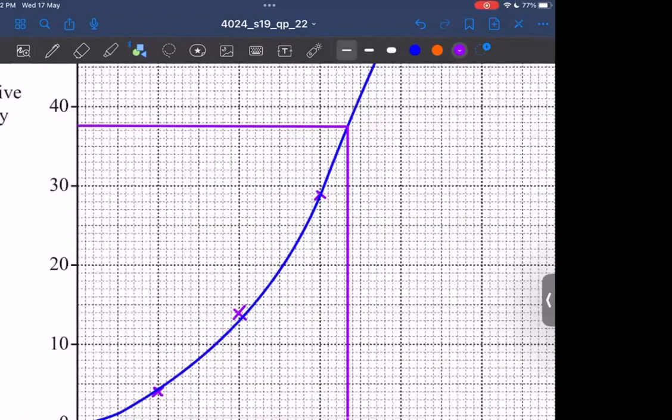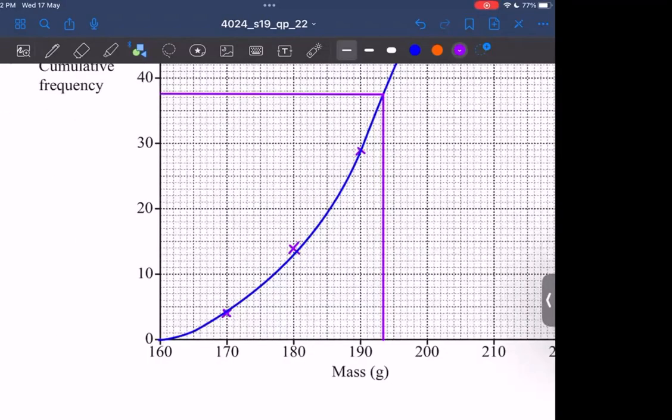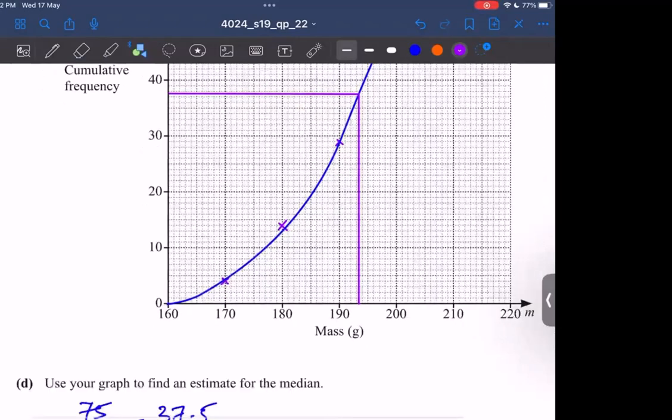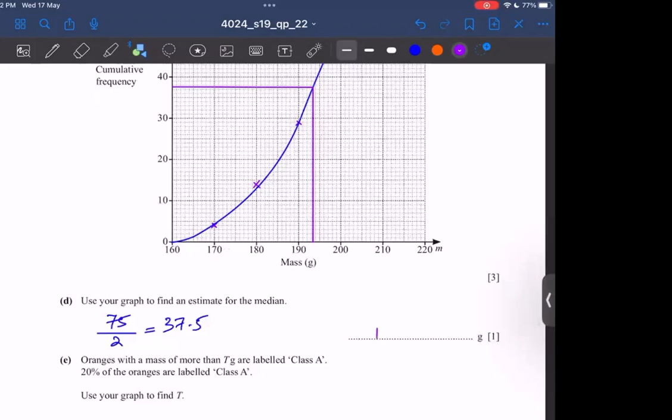So we got this value of x, that is 193.5. 193.5 is going to be the median mass. Okay, so this is the estimated answer.